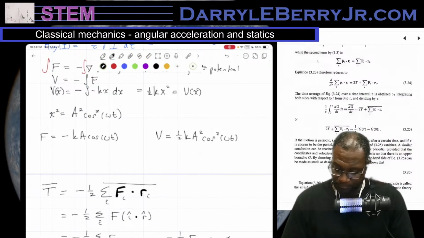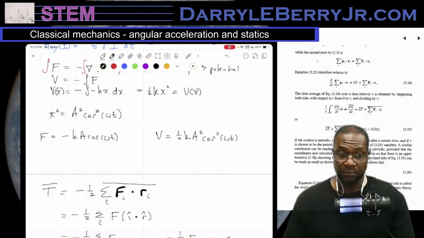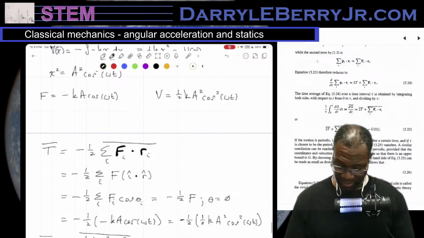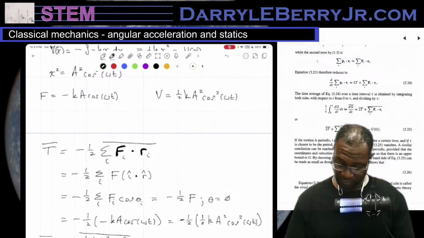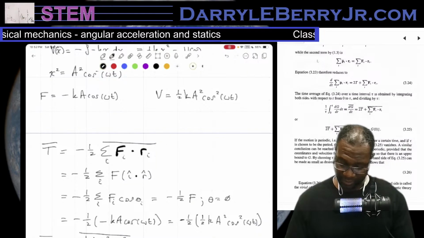All right. So let's try the integral thing and see how this works. So I have 1 over a period of negative 1/4 k a squared cosine squared omega t d period.